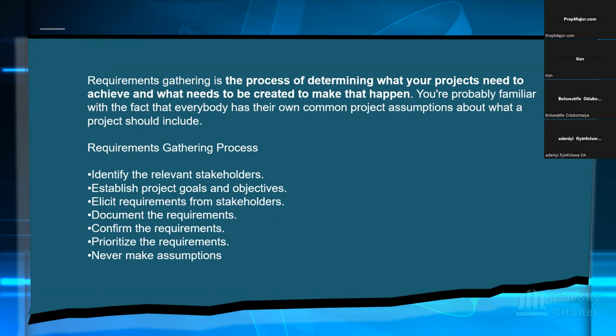It's the same thing. So what does requirement gathering mean? It's the process of determining what your project needs to achieve and what needs to be created to make that happen. In simple terms, understanding the vision, trying to figure out the vision of the project, what is the goal of the project, what do we want to achieve at the end of this project, and how do I make that happen?